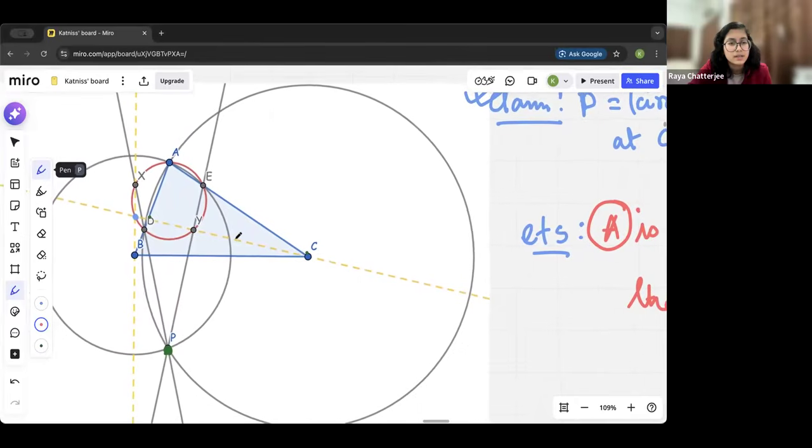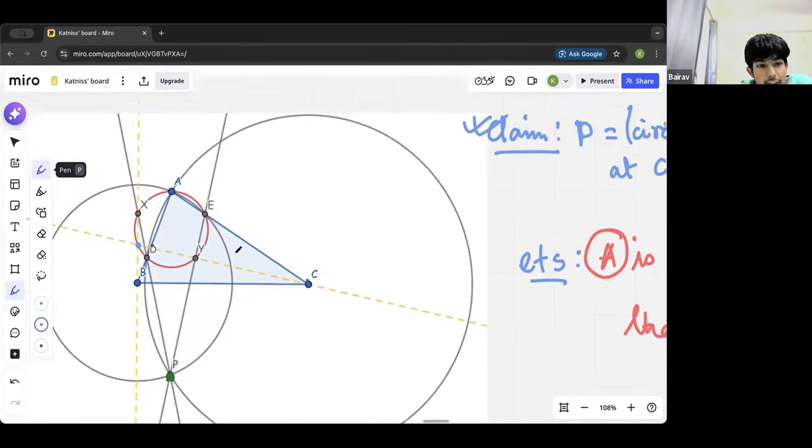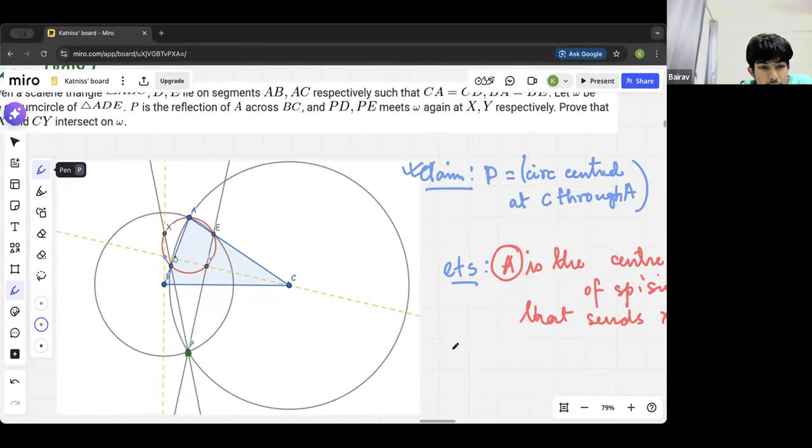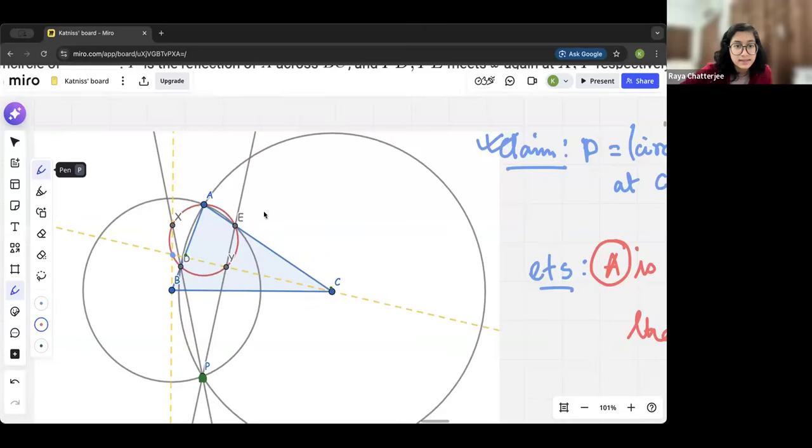ADE or AXY? I mean AXY, because X is the reflection of E and Y is the reflection of D across AP. Ah, I see what you're trying to say. Yeah, that is also true.